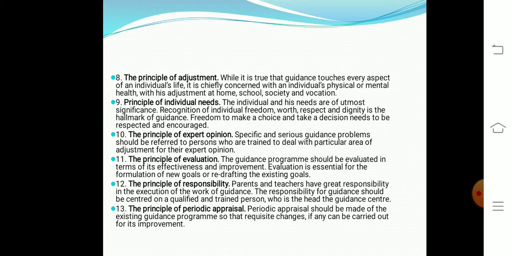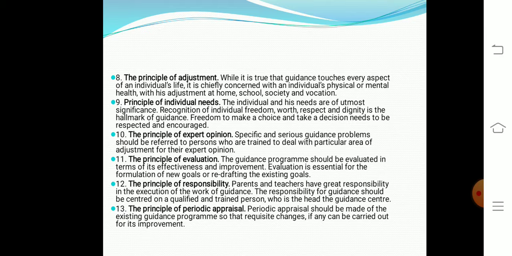Next, the principle of responsibility. Parents and teachers have great responsibility in the execution of the work of guidance. The responsibility of guidance should be centered on a qualified and trained person who is the head of the guidance center.